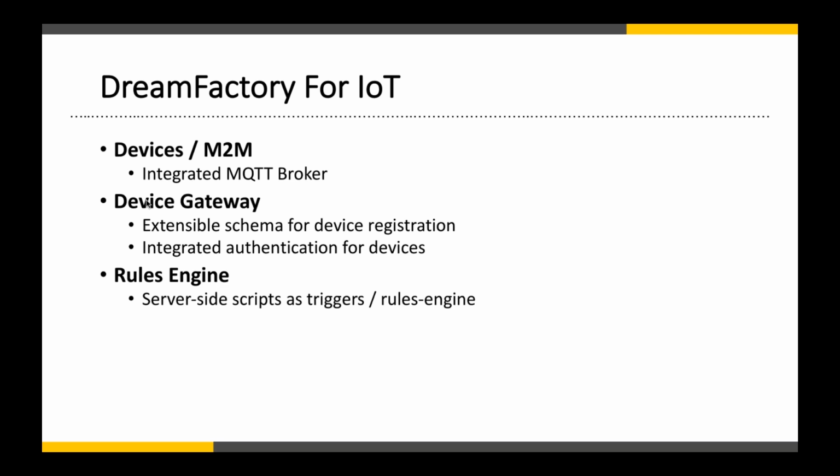One of the strengths of DreamFactory is its server-side scripting, and it supports multiple languages, including Node.js, V8 JavaScript, PHP, and Python. Other languages are in the pipeline. One of the important aspects of IoT is a declarative rules engine. Think of it more like an embedded IFTTT, an if-this-then-that kind of logic that developers can quickly implement.